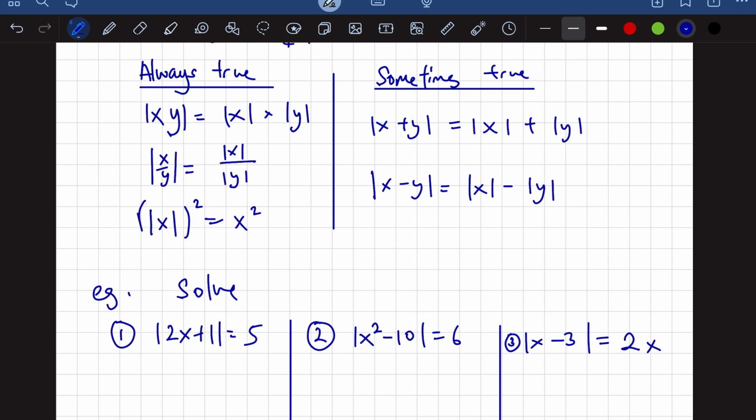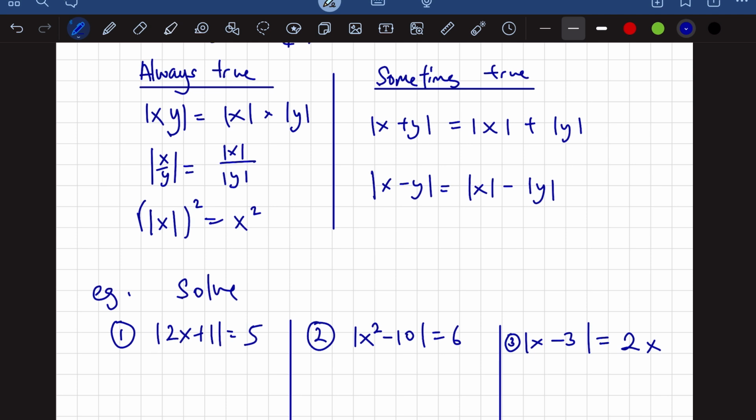That also will always be true. And modulus x whole thing squared is just equal to x squared, and that will also always be true. Now, how do you verify if it's always true? Just try different x values, positive and negative, and see the results for yourself. That is one way we can verify that it is always going to be true.